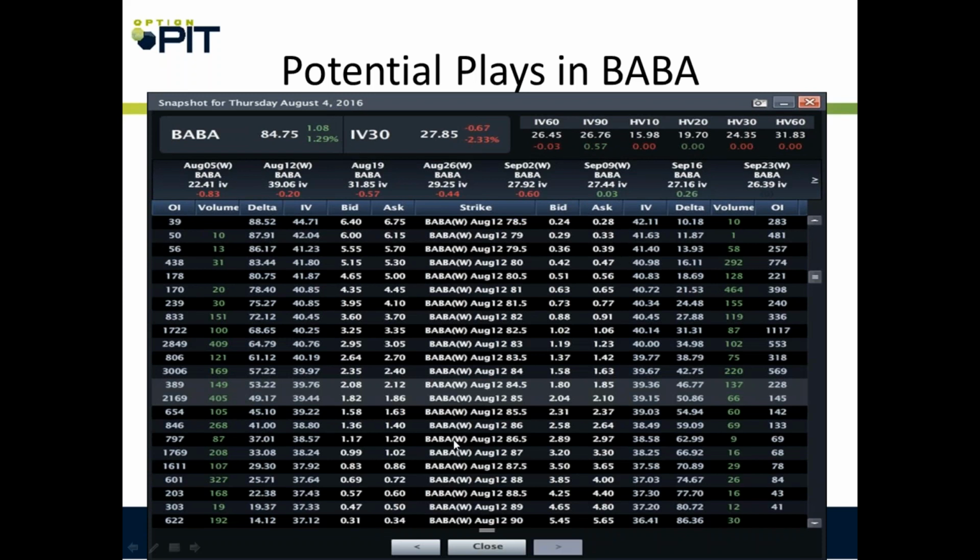All right, so now let's look at Alibaba. Alibaba has earnings next week. What kind of move are they pricing into Alibaba right now? Well, Alibaba's trading 84.75. The 85 calls are $1.85. The 84.5 calls are also $1.85.